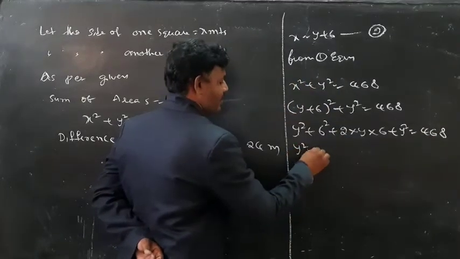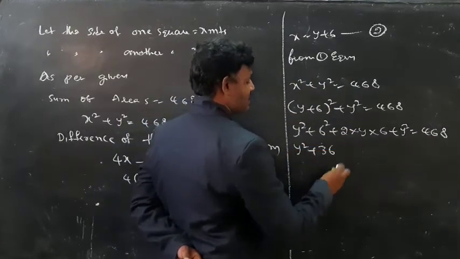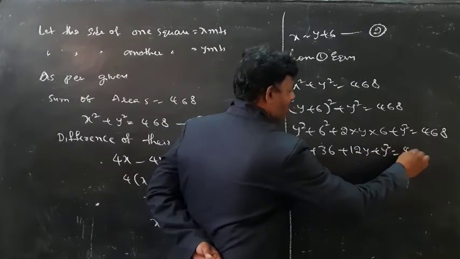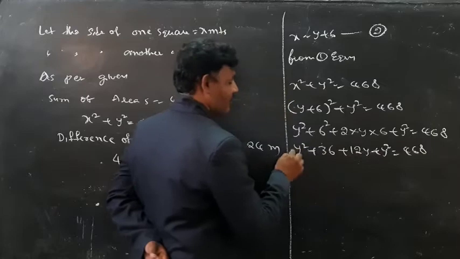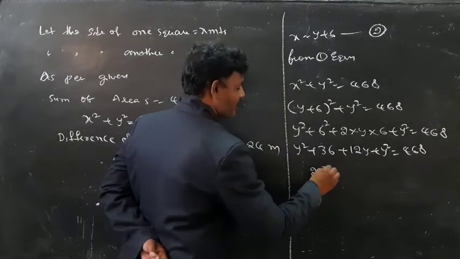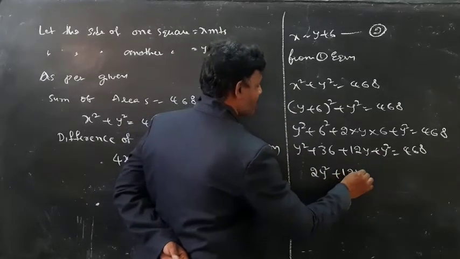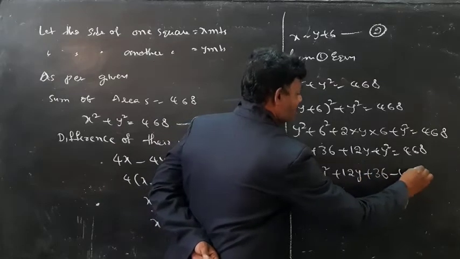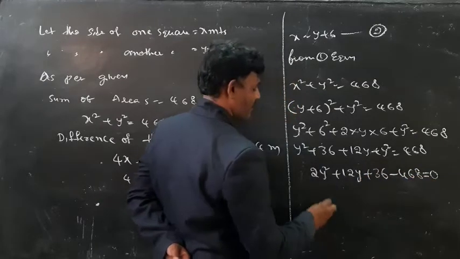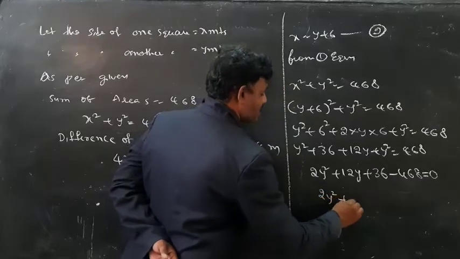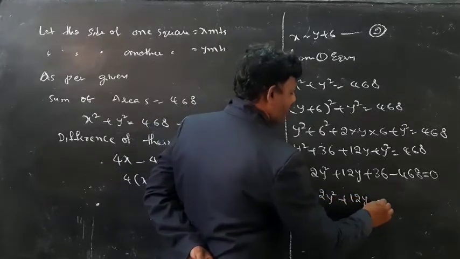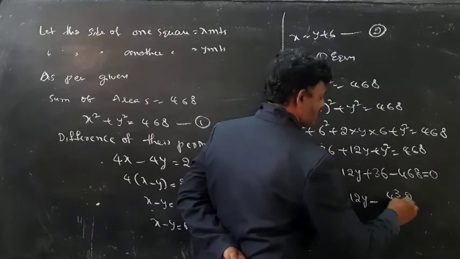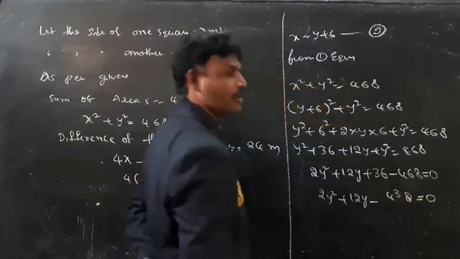Now 6 square means 36, so 36 plus 12y plus y square plus y square, that is 2y square, plus 12y plus 36 minus 468 is equal to 0. So 2y square plus 12y minus 432 is equal to 0.